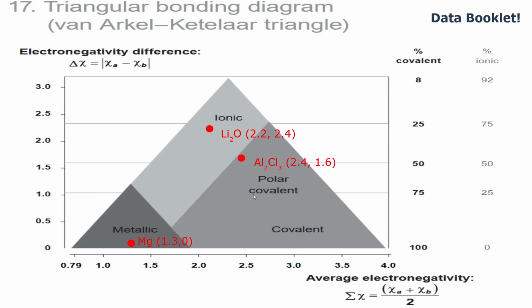And another example, a polar covalent bond that's almost ionic but not quite, is aluminum chloride, where you have 2.4 and 1.6 as your average electronegativity and electronegativity difference, respectively. So the whole point of this bonding diagram is to show that bonds exist on a scale and on a spectrum rather than just individual groups.